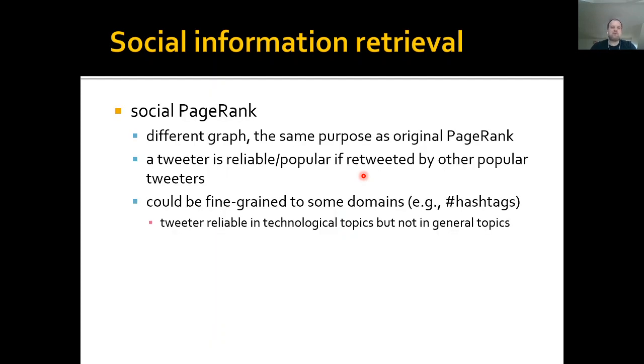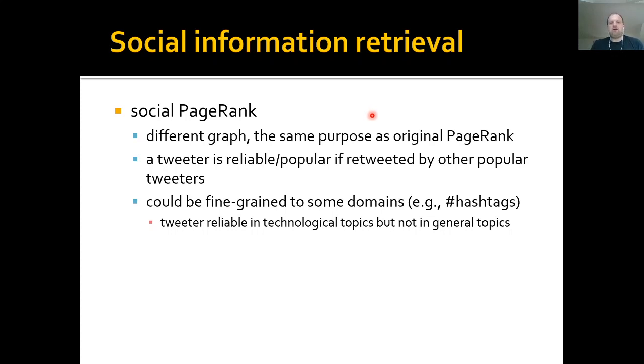Another example of how we can reuse what we already defined is the PageRank. We have defined PageRank for web pages or for resources generally, and we could reuse it in the context of social media, because instead of a graph of web pages, we have a graph of users or a graph of posts or a graph of any other entity.